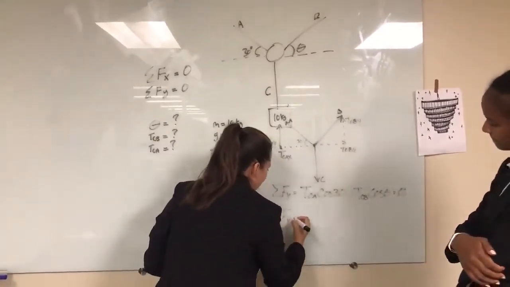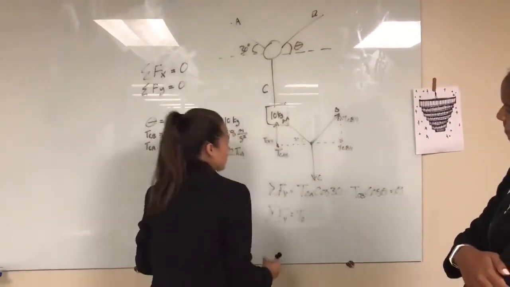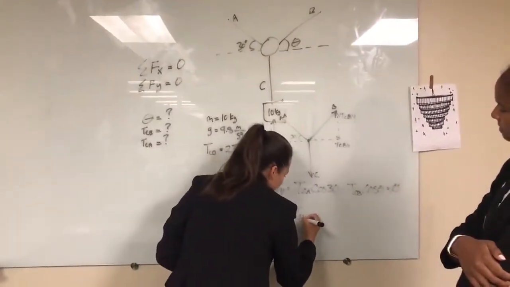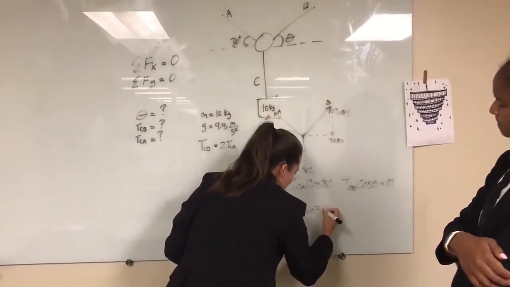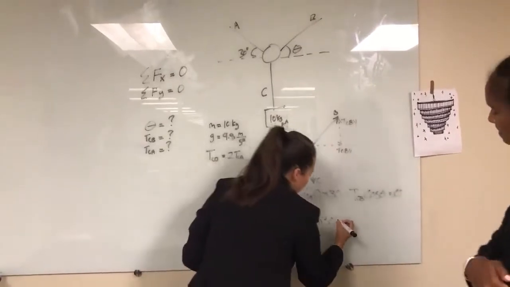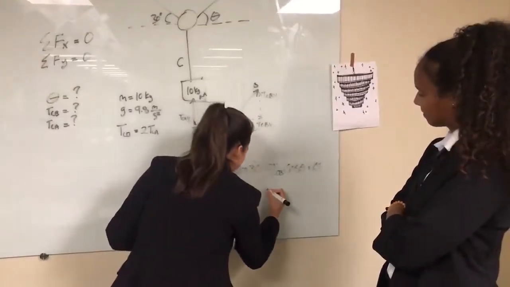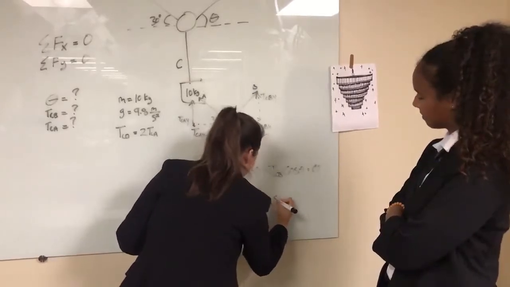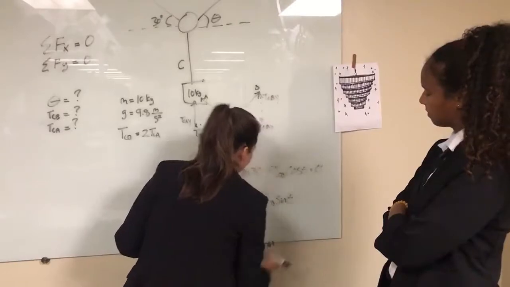And the sum of forces in the y direction are going to be pretty much the same, except we're going to use a sine instead to get the vertical components. So we're going to add to this the tension in CB in the y direction, which is tension CB times sine of our unknown angle.